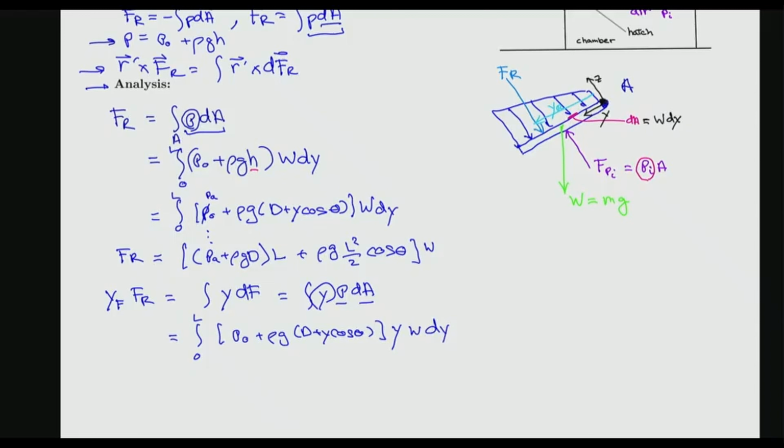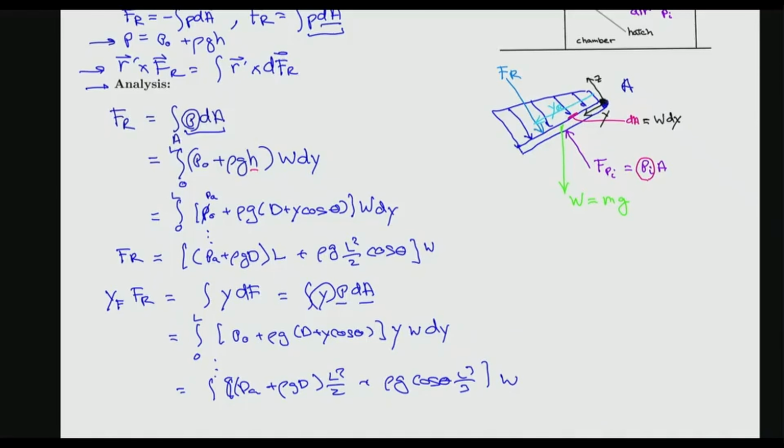And so if you do this, then you would get (P_A plus rho g D) L squared over 2, plus rho g cos theta L cubed over 3, and this whole thing multiplied by W.